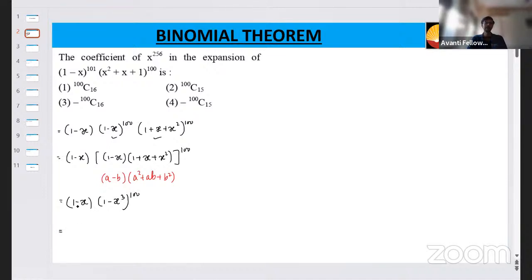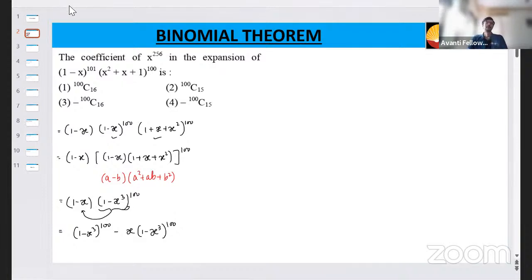Now we can open the brackets, that means multiply this whole bracket. So I'll get (1 minus x) the whole cube raised to the power 100 minus x into (1 minus x cube) raised to the power 100.